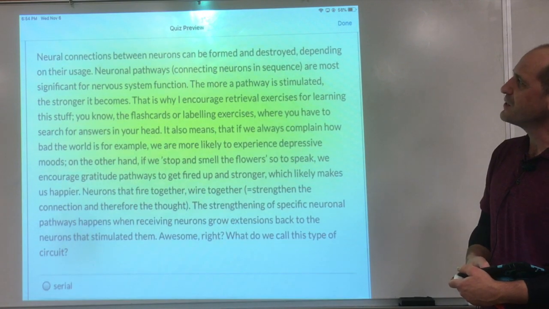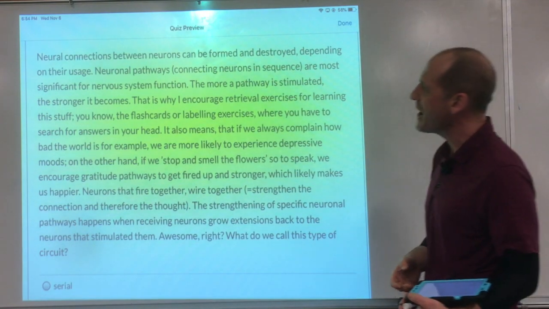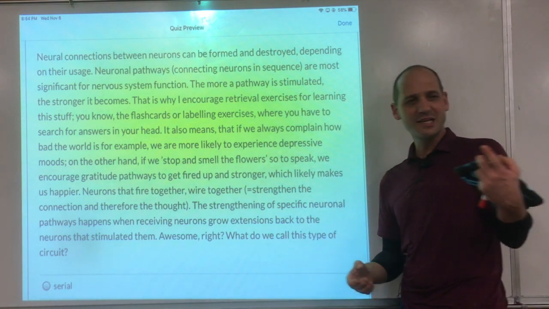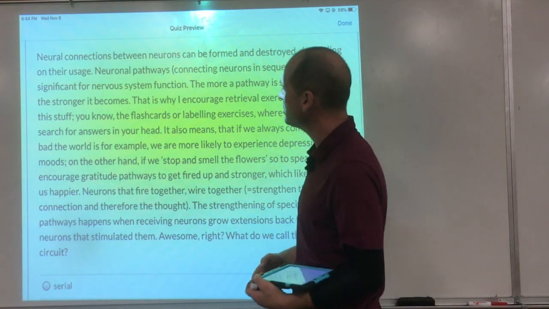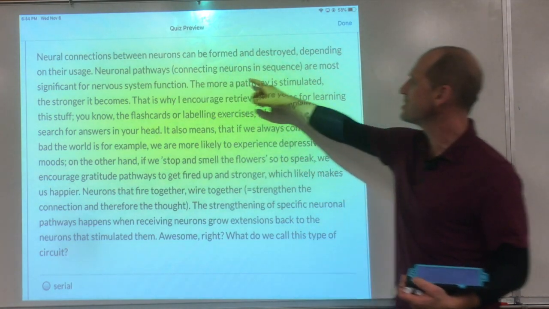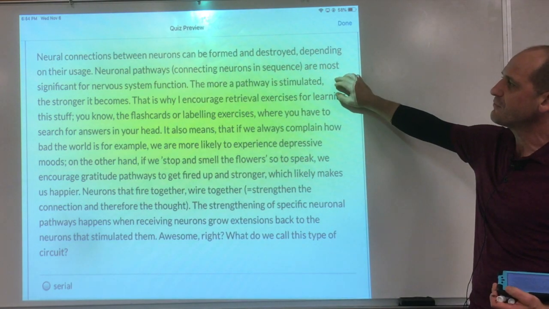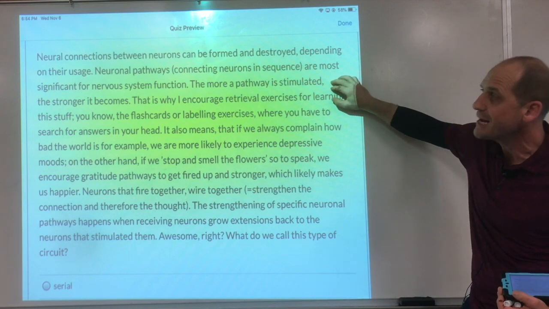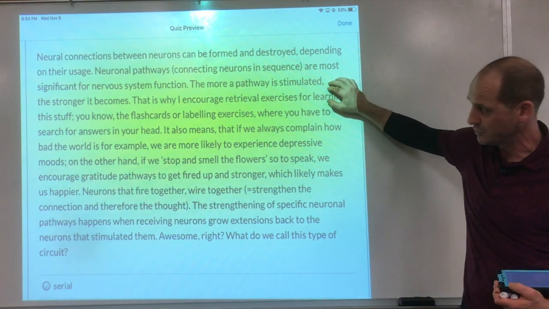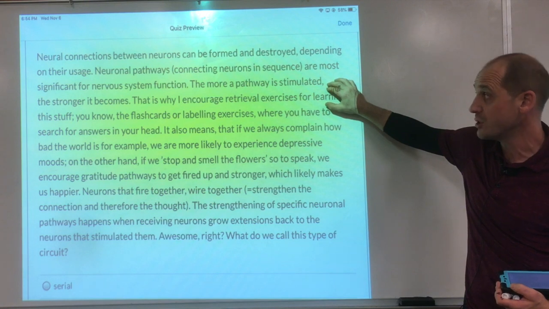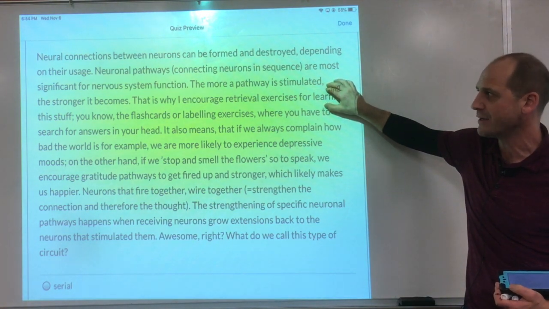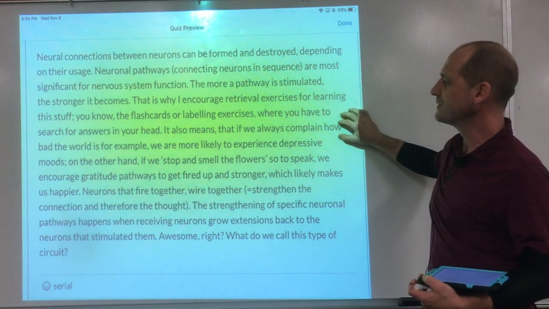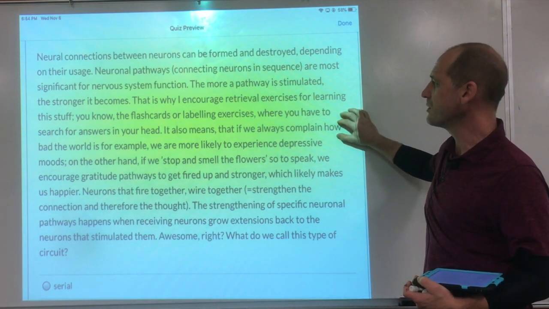Neural connections between neurons can be formed or destroyed depending on their usage. This is the key component of this whole chapter. Neuronal pathways are most significant for nervous system function. The more a pathway is stimulated, the stronger it becomes. This is why I encourage retrieval exercise for learning, the flashcards, the labeling exercises. It's the same broken record.